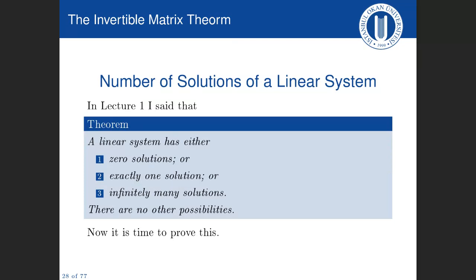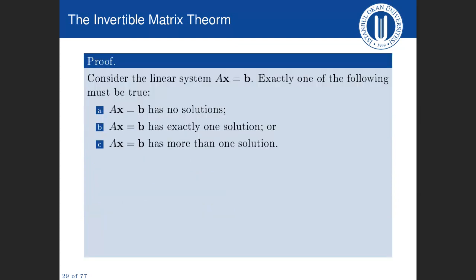Now, in lecture 1, if you can recall, I said that a linear system has either 0 solutions or exactly one solution or infinitely many solutions. There's no other possibilities. Now it's time to prove this theorem. Consider the linear system AX equal to B. Exactly one of the following must be true.